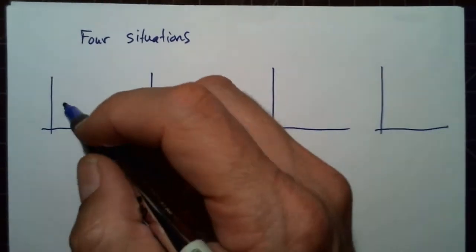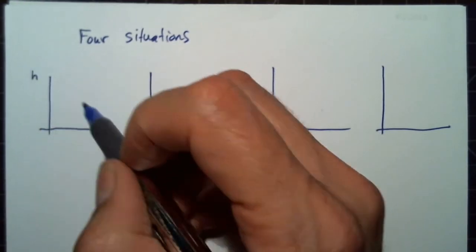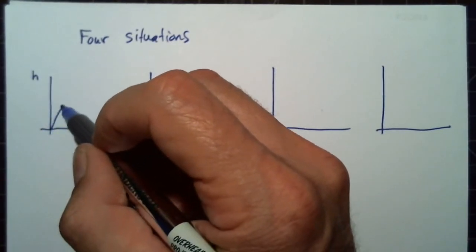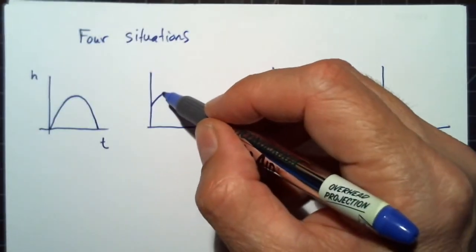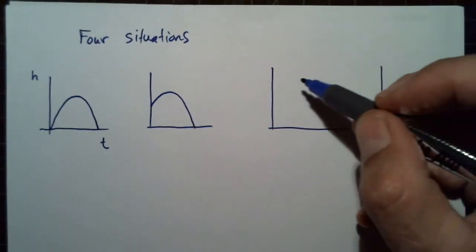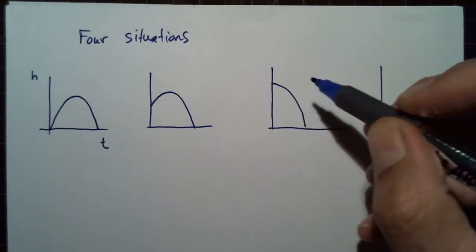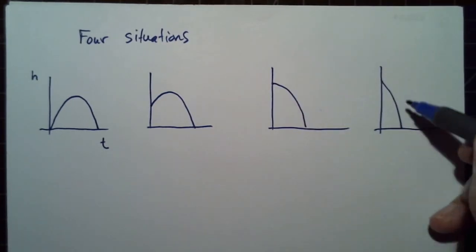So we could have, this is height and time, an object that's moving like that, or like this, or like that.